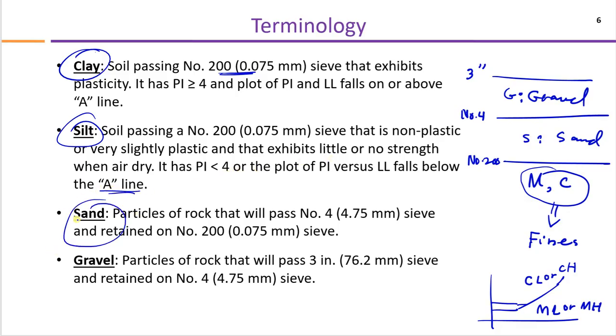And for sand, these are the pieces of rock that are going to be between the number 4 sieve and the number 200 sieve. They are going to pass the number 4 sieve, but they are going to be retained on the number 200 sieve. And for gravels, these are the pieces of rock that are going to pass the 3-inch sieve and be retained on the number 4 sieve. So all these terminologies, nothing is new. We have discussed it already.